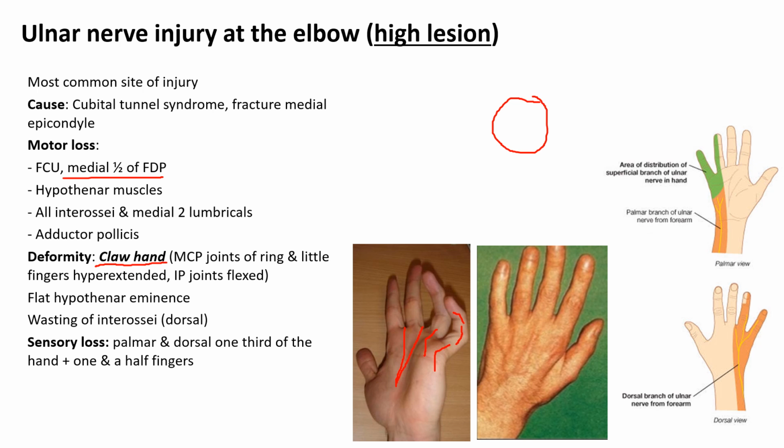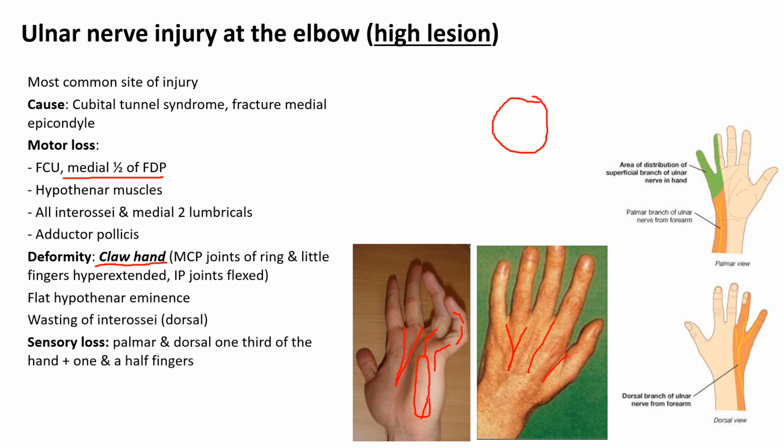In this condition, there will be also hypothenar eminence atrophy and interossei muscles atrophy, especially apparent in the dorsal interossei. As you can see in this picture, there will be a grooving in the dorsum of the hand.